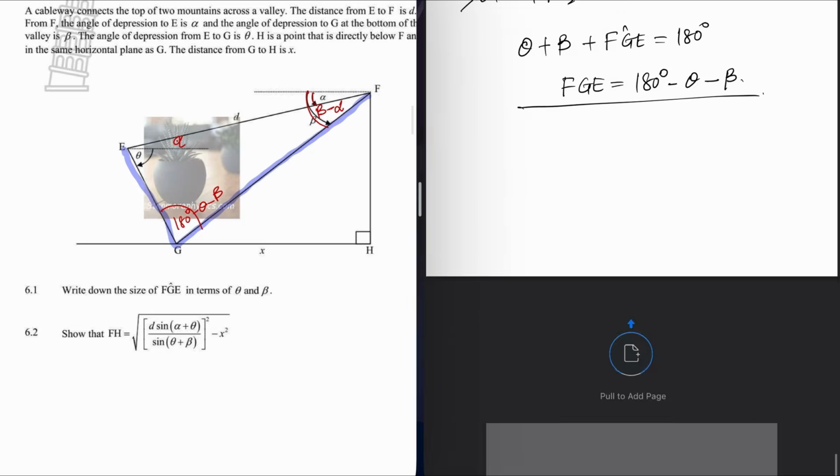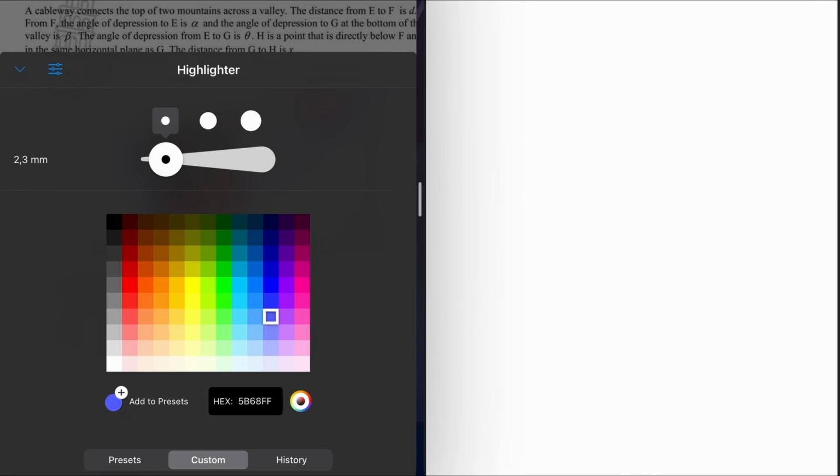Next question says, show that FH, so this height, let's use a different color, is equal to that crazy expression, and it looks a bit difficult, but if we break it up and we make our way from this triangle to this triangle, you'll see how it fits all together. So I'm going to start with the purple triangle, and I'm going to use the sine rule.